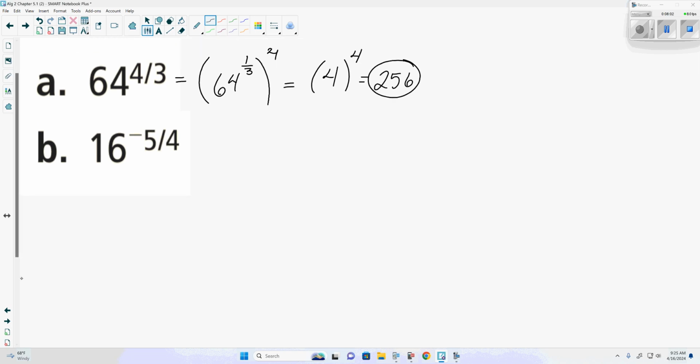Let's look at B. 16 to the negative 5/4. Well, 1 over 16 to the 5/4. Right, and we can say this is the same as 1 over 16 to the 1/4 to the 5th.